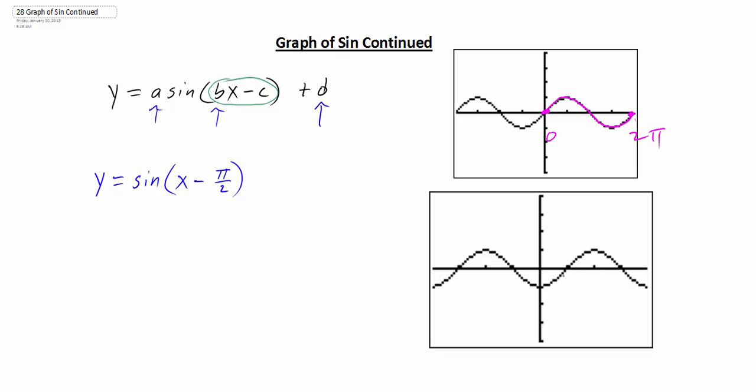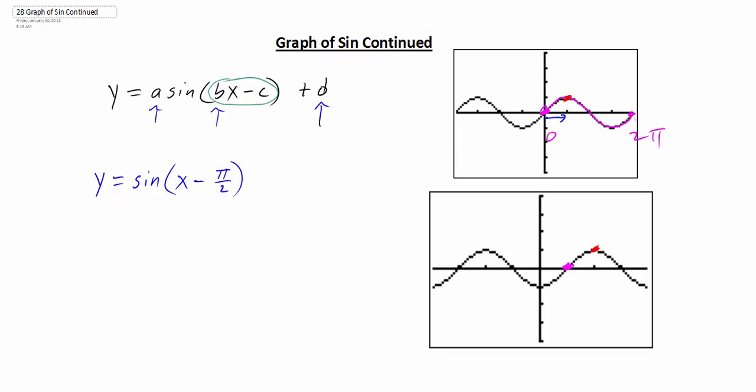What we're going to notice, though, is that this point has been moved over to here, which is a distance of pi over 2. So now this point would actually correspond to here, and this point is now here.